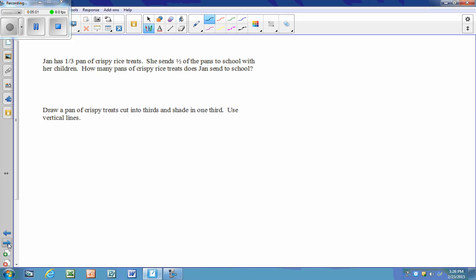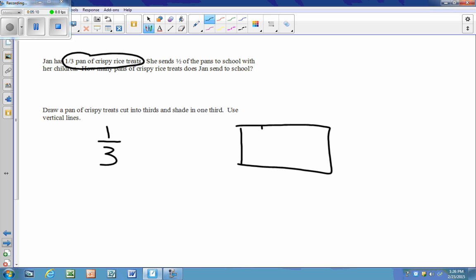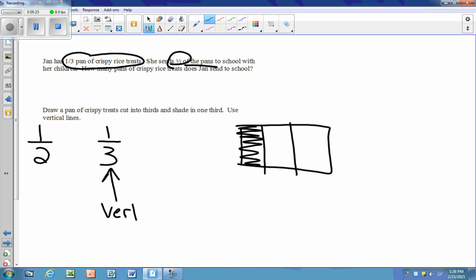Jan has 1/3 of the pan of crispy rice treats again. So this time we're going to walk ourselves through it. We have 1/3. The first thing we do is vertical lines. So we have 1/3. We're going to split it into thirds and color in 1/3. She sends 1/2 of the pan. So 1/2 goes in front. This was my vertical lines. And this is horizontal. So we have 1/2 of the 1/3.